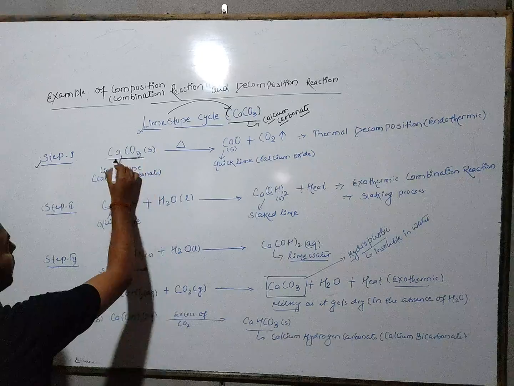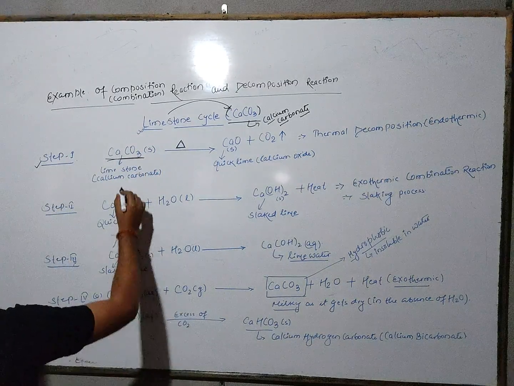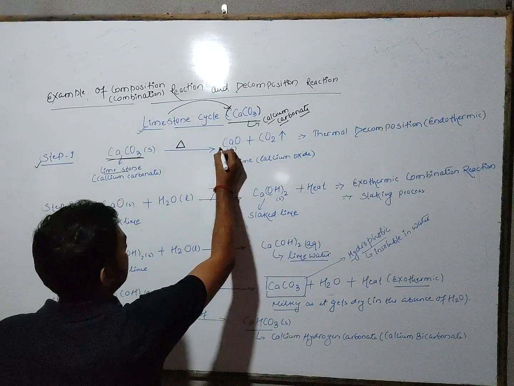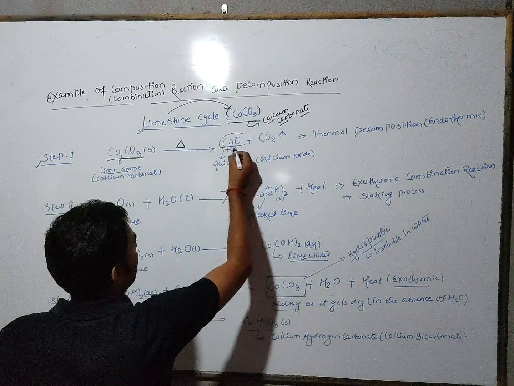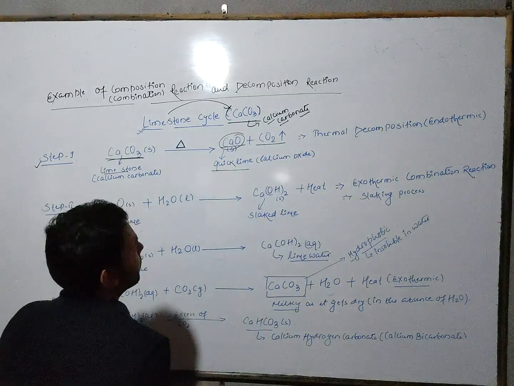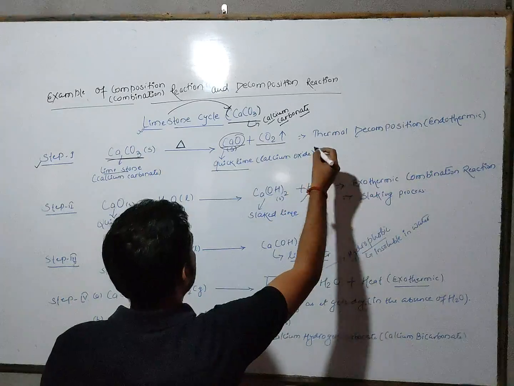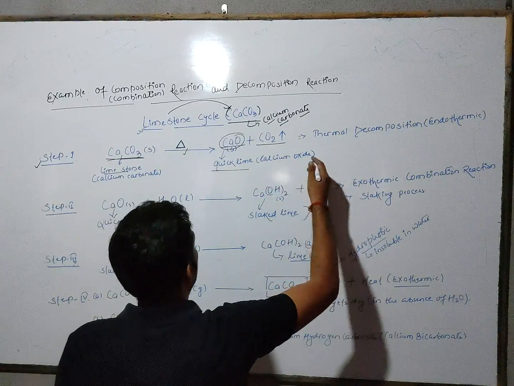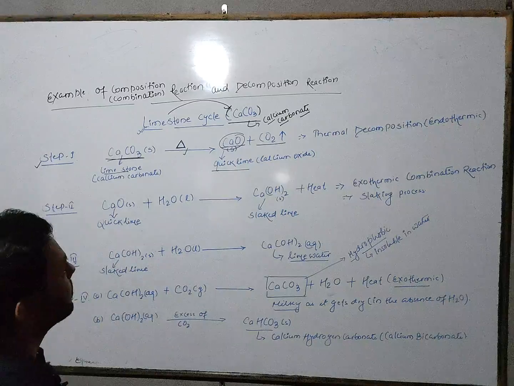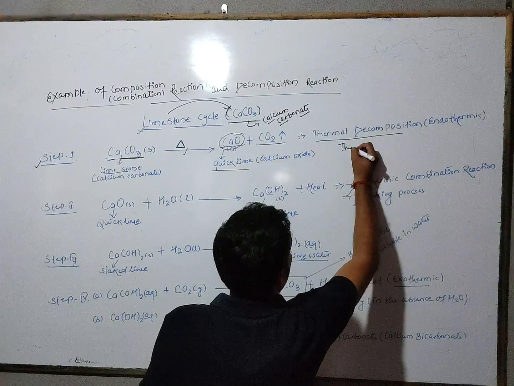When calcium carbonate, that is limestone, is heated, it simply breaks down into calcium oxide, which is called quicklime, and it releases carbon dioxide. Since this step requires temperature or energy to execute the reaction, we can say that it is a thermal decomposition, or thermolysis.